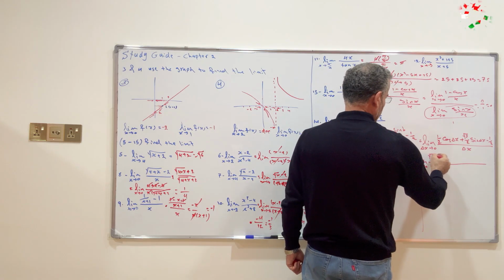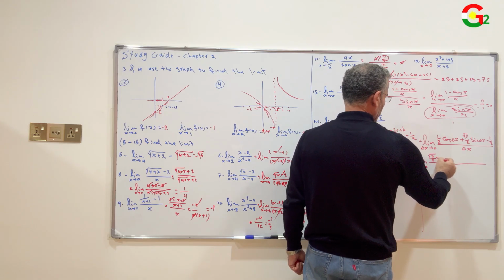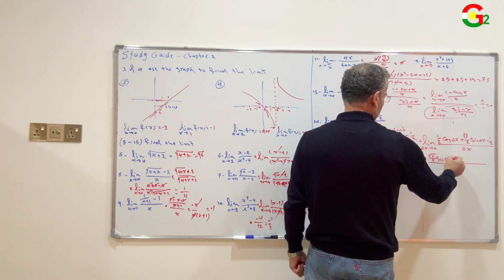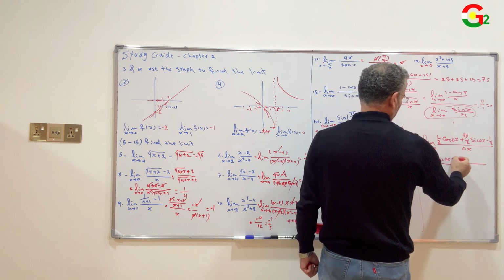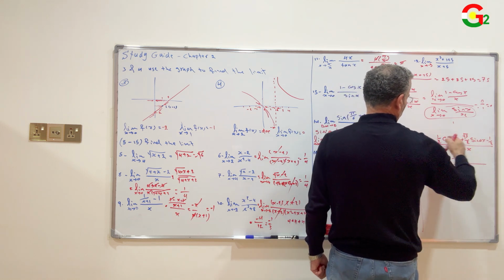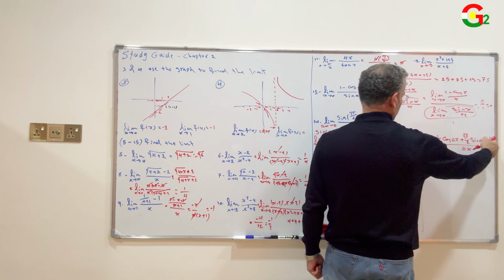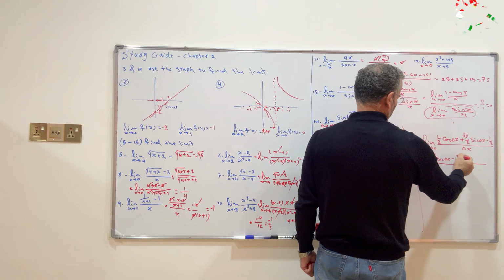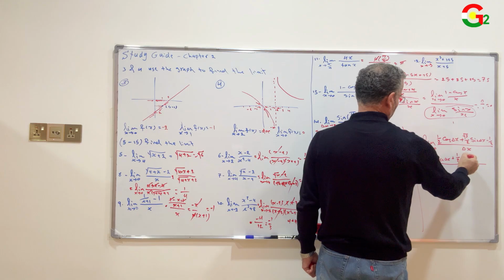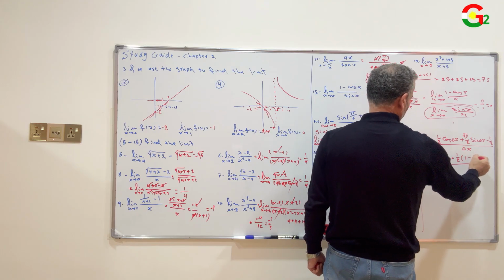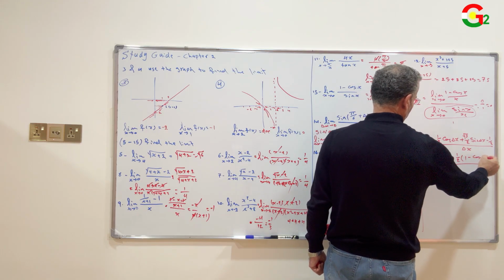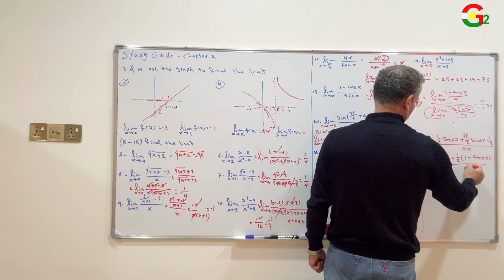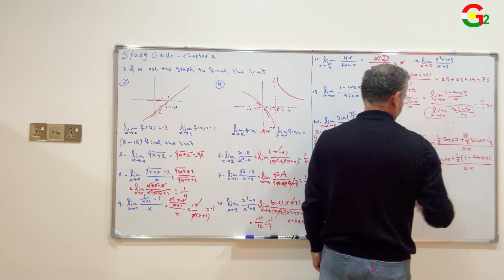Rewrite it as square root 3 over 2 sine delta x, and factorize 1/2 cosine delta x with negative 1/2 plus 1/2, it will be 1 minus cosine delta x over delta x.